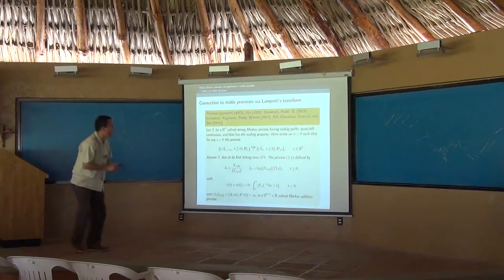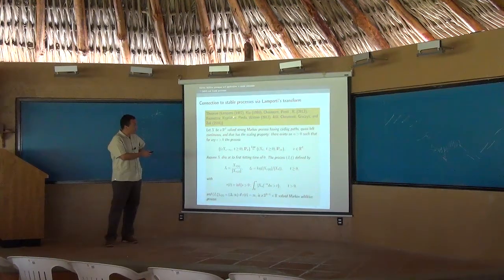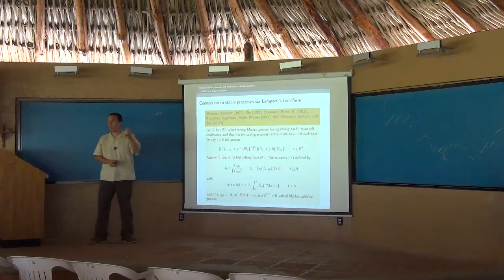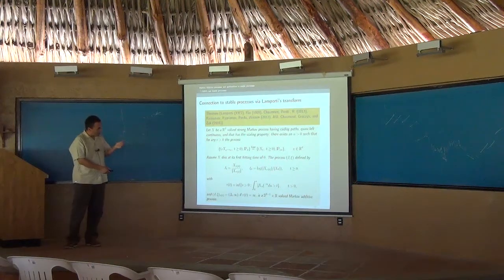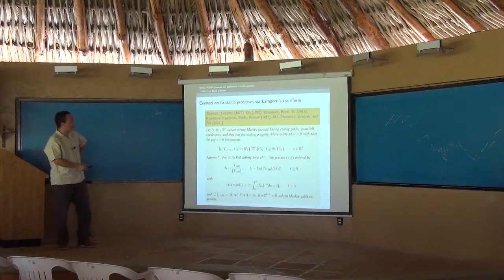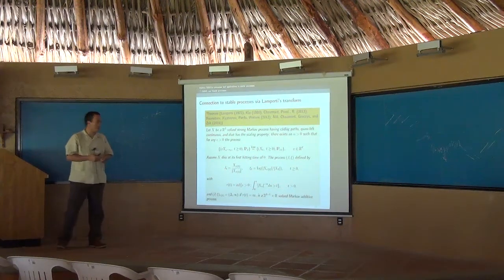And what Lamperti observed in 1972 in dimension 1, where x is only positive, is that this process, well, J is trivial, it's only 1, it's a constant, and psi is a Levy process. Then later a student of Lamperti obtained a generalization of this result, but he couldn't identify the processes.